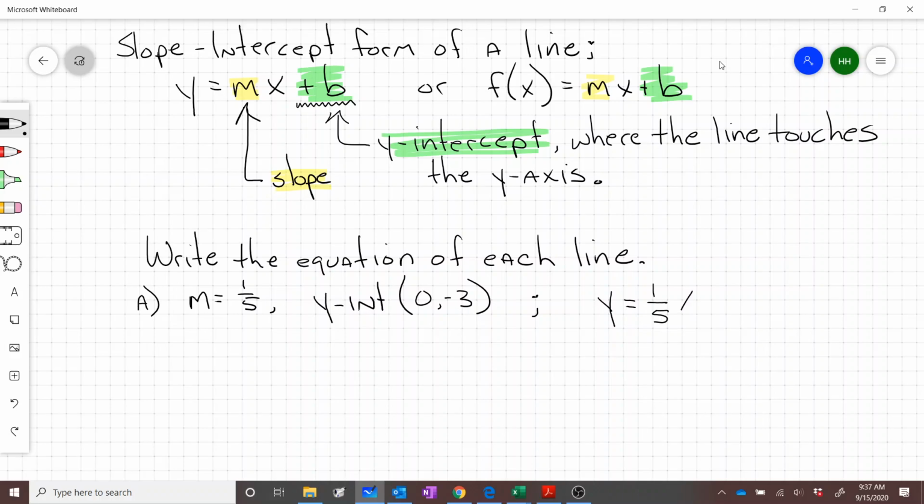Then we write the letter x. And your y-intercept hits the y-axis at 0, -3. This is your x value, this is your y value. So your y-intercept's at -3, so -3. There's your equation of the line.